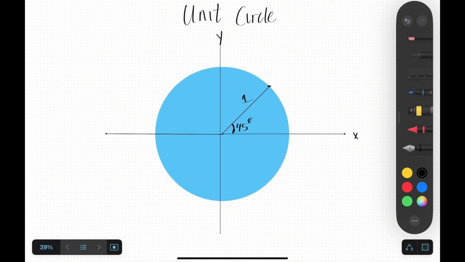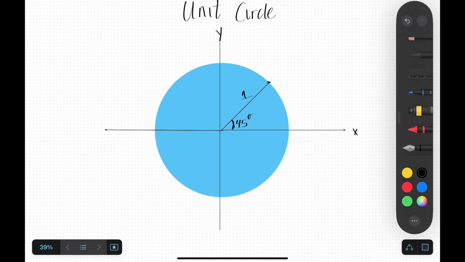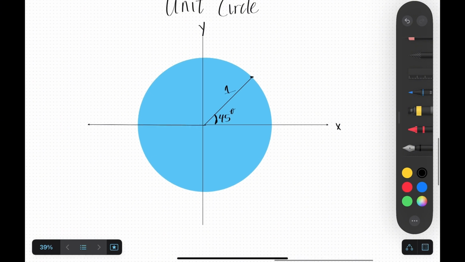The unit circle is a great and simple tool. A circle with a radius of 1. With the unit circle, angles are discussed with reference to the positive side of the x-axis and counterclockwise. Right now, we have a point on the circumference of a circle, which is 45 degrees above the x-axis.